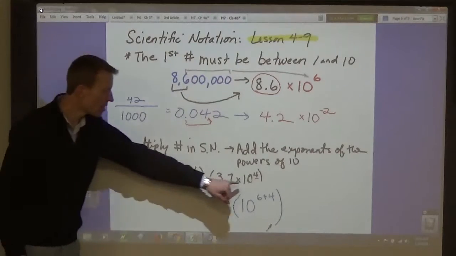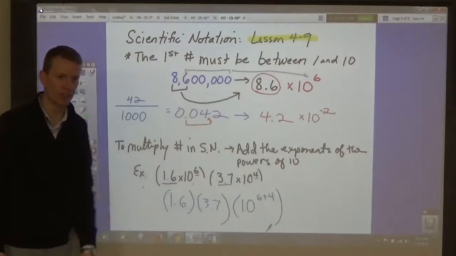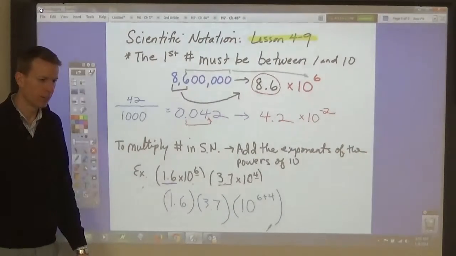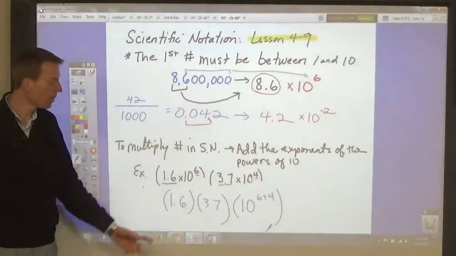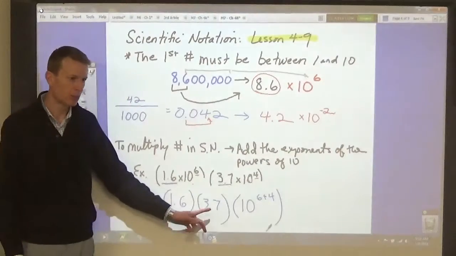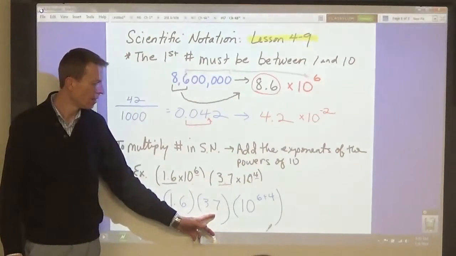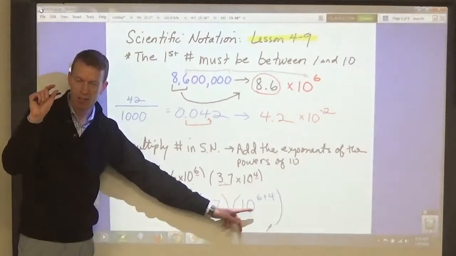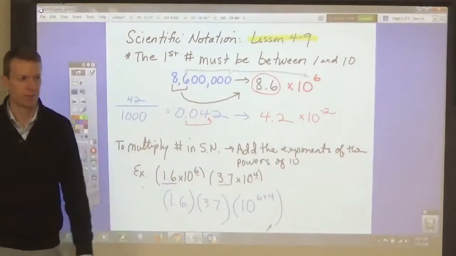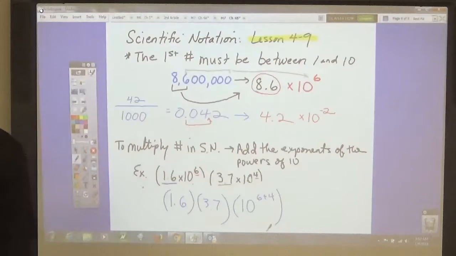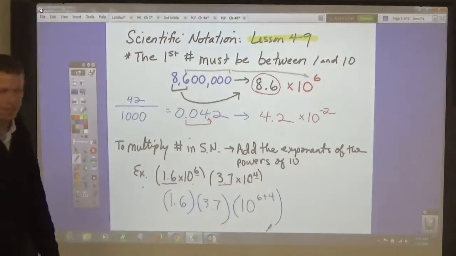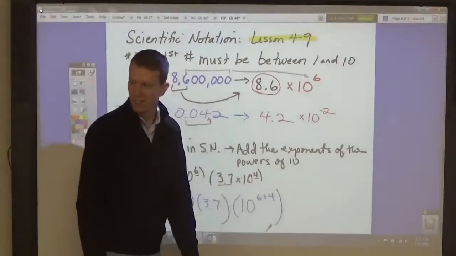Because these have the same base, we can add the exponents. So then do this on your calculator: 1.6 times 3.7 times 10, and then the caret button, 10, equals. And what is it? 5.92 times 10 to the 10th.